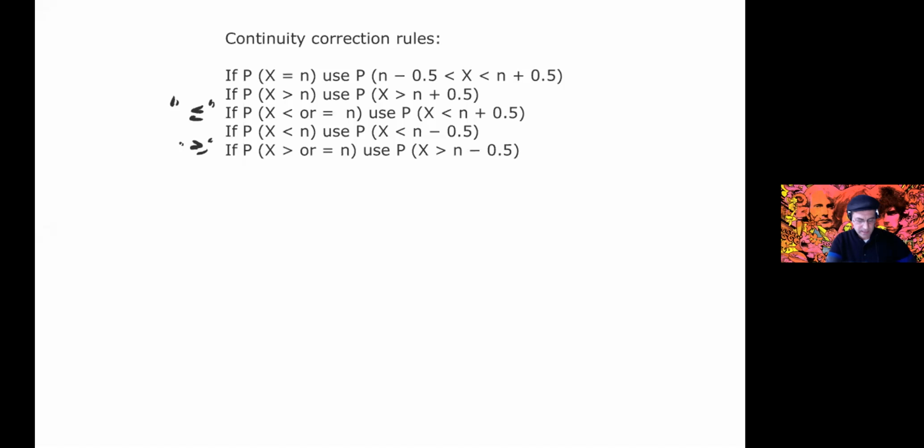This is the best I can do. If X is less than or equal to n, then that would be the same thing as X being strictly less than n plus 0.5. So these are the rules that we need to apply to correct. With that in mind, I'm going to do a couple more problems.